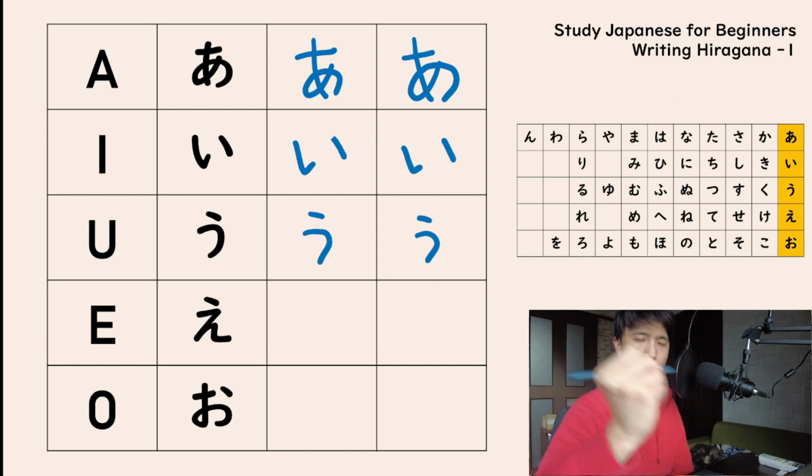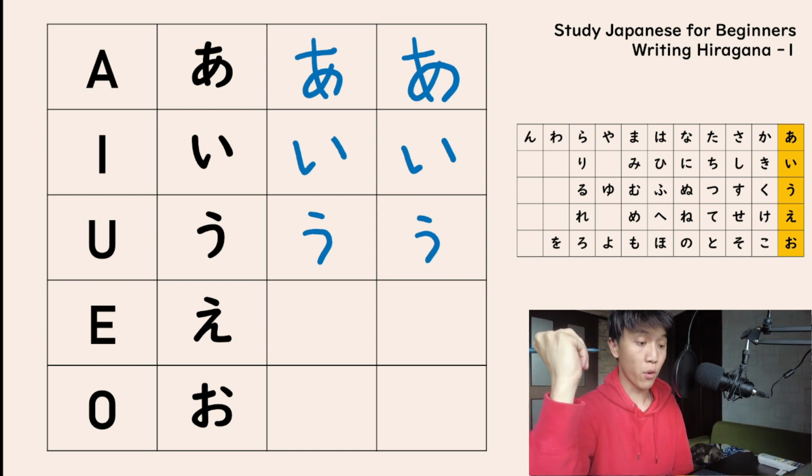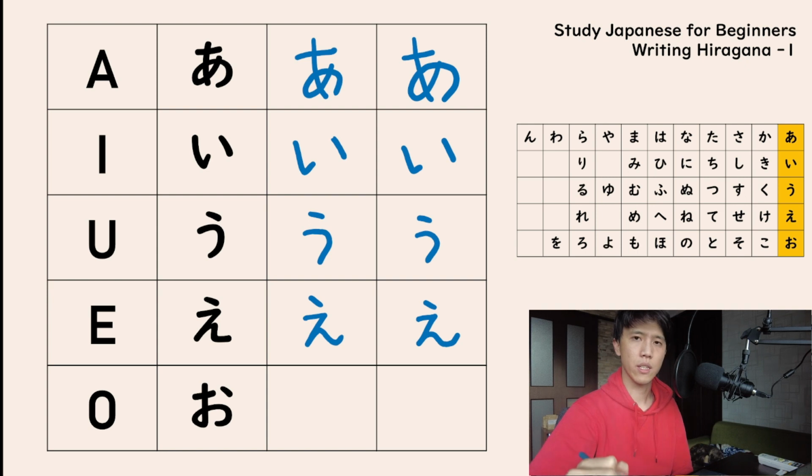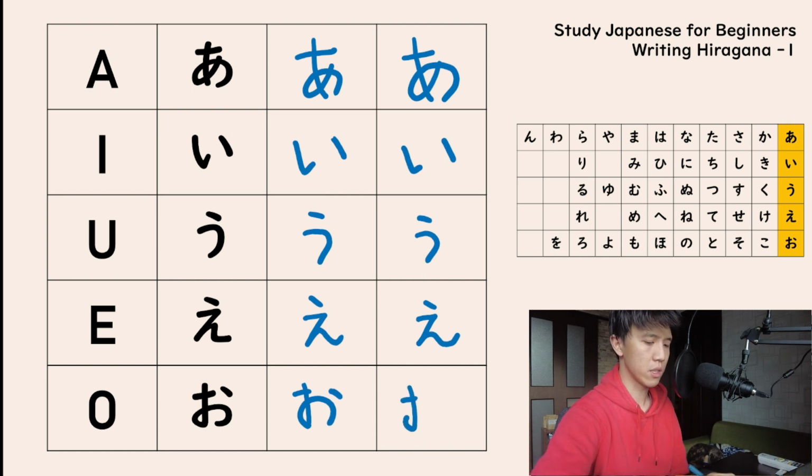Okay. The fourth one is E. Ich, ni. And the last one is O. Ich, ni, san. Okay, we got the first five: A, I, U, E, O.